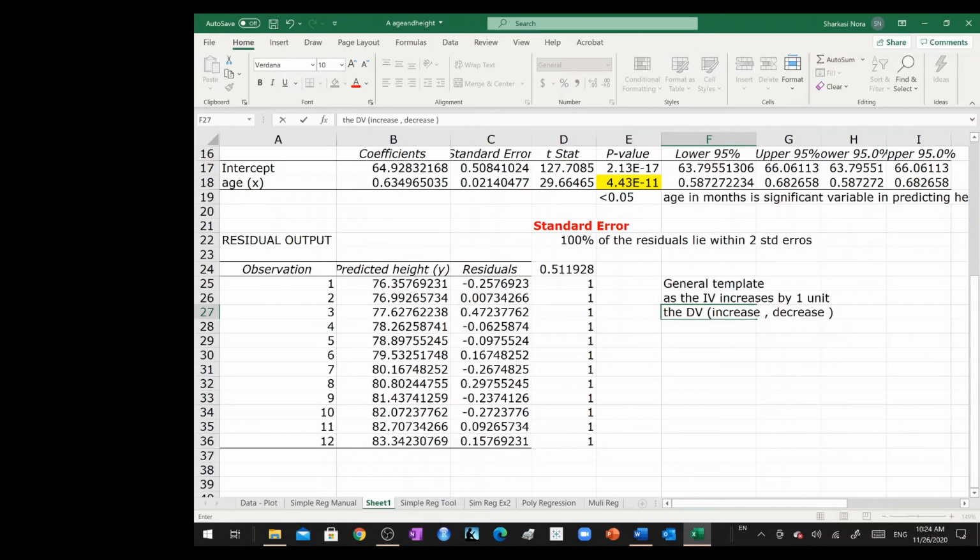So we say as the independent variable increases by 1 unit, the dependent variable could increase or decrease, depending on the sign of the coefficient, by the value of the coefficient.